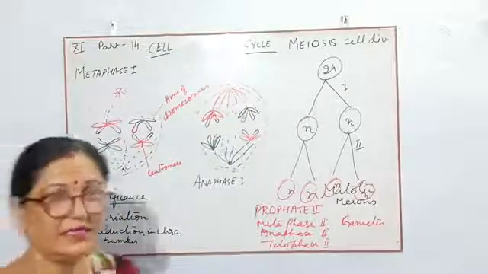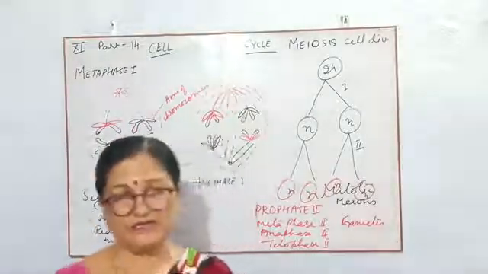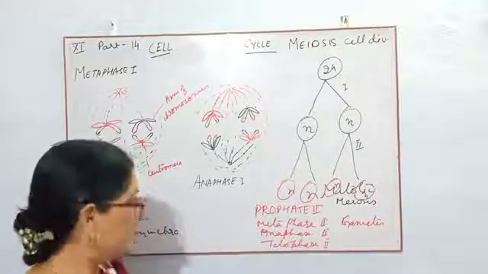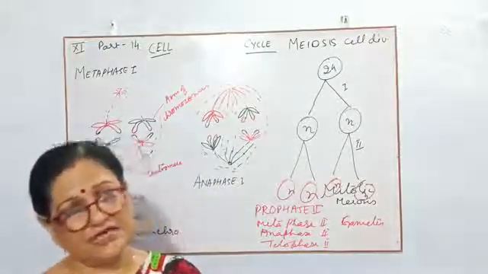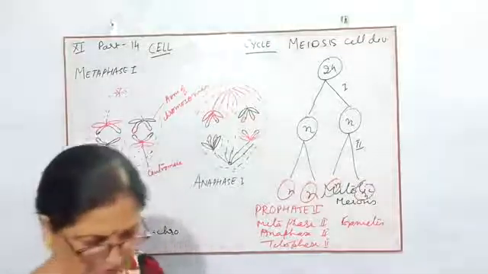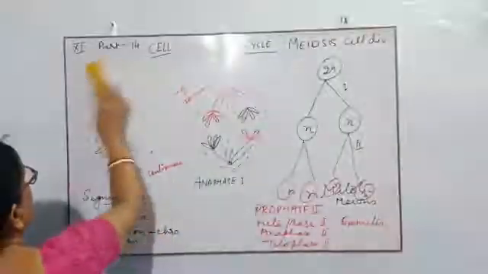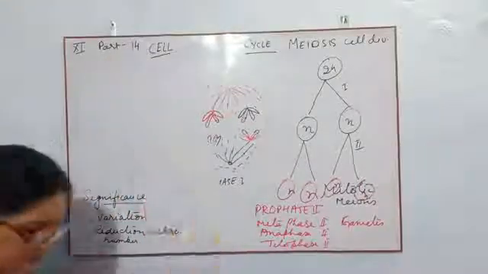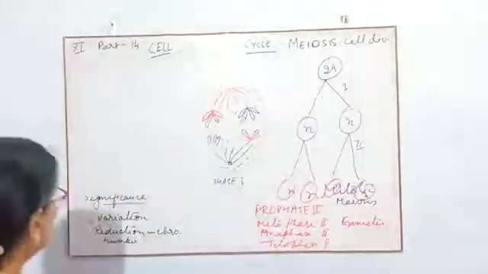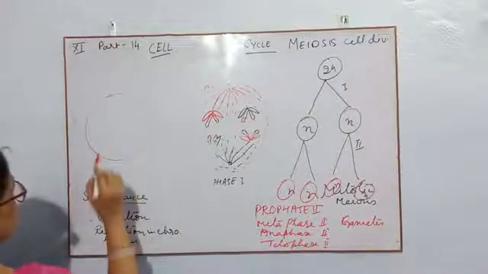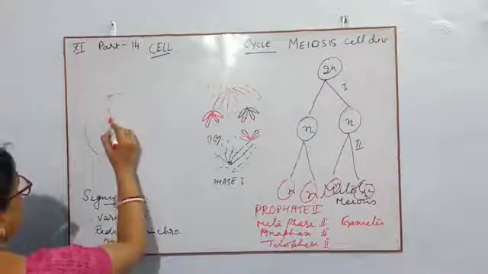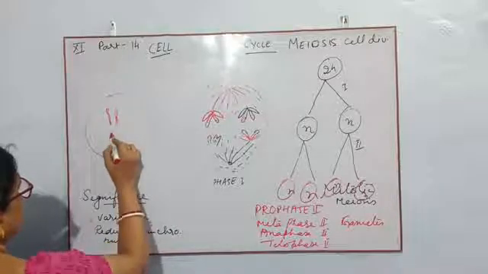Children, in prophase 2, metaphase 2, anaphase 2, telophase 2, all the processes are just like mitosis. If you start to draw and learn about prophase 2, there will be the formation of chromosomes.